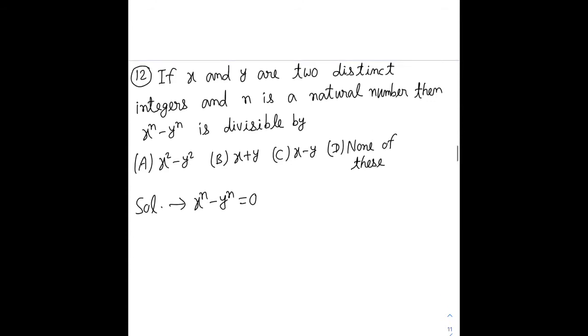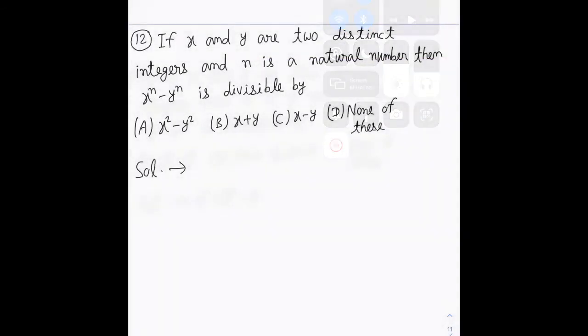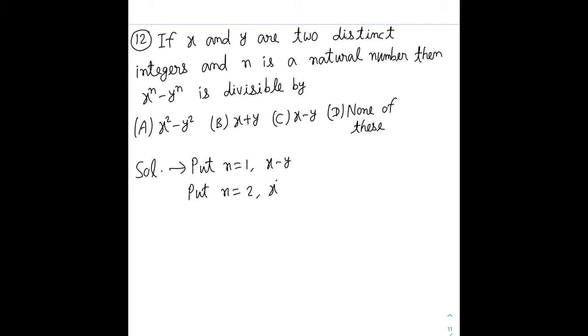That is one of the methods, like how we used to do it for the remainder theorem. So we can put n equal to 1. When we put n equal to 1, then x to power n minus y to power n becomes x minus y, which is divisible by x minus y. When we put n equal to 2, we get x square minus y square.